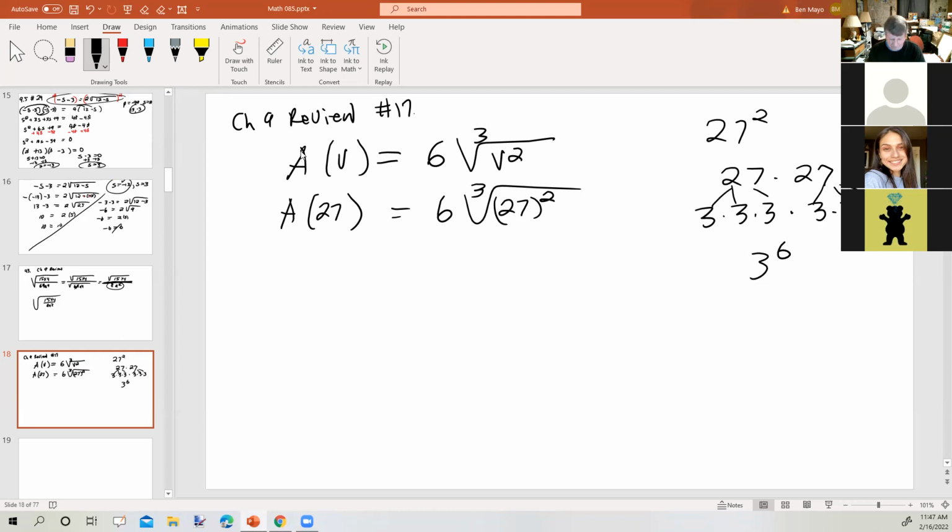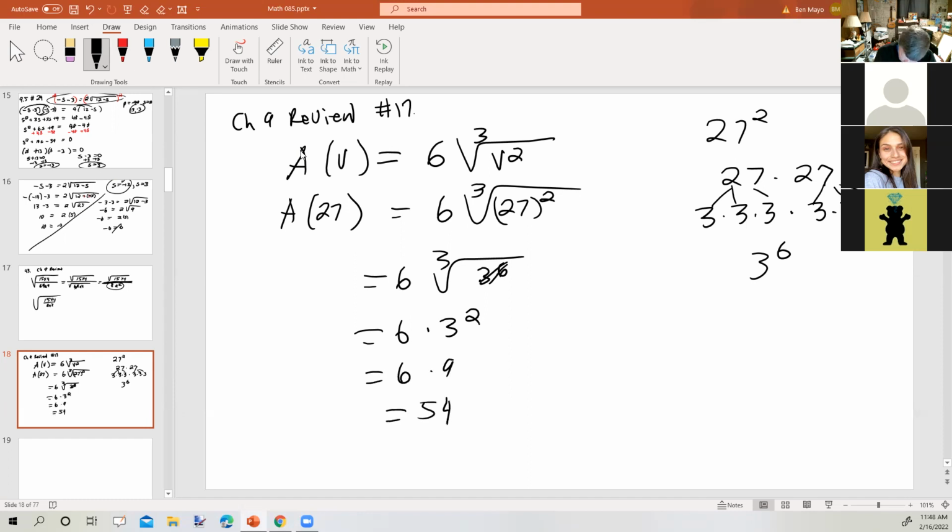You okay with that? Yeah. All right. So then that's going to be 6 cube roots of 3 to the 6th power. The cube root of 3 to the 6th power would be 3 squared. So you get 6 times 9, which is 54.